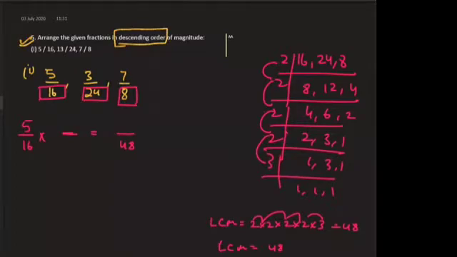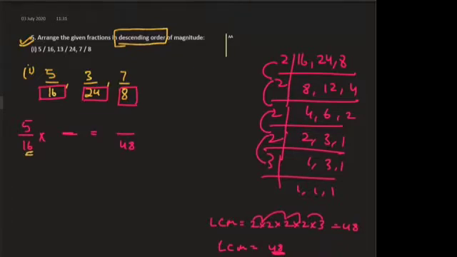Basically in question number first, we have to compare the given fractions. What I have done, I have just found the LCM of 16, 24 and 8. The LCM of 16, 24 and 8 is 48. Now I have written the first fraction, which is 5 upon 16. I have to multiply such a number in 16 so that I can get 48 in the denominator.